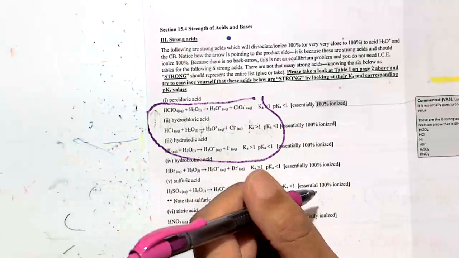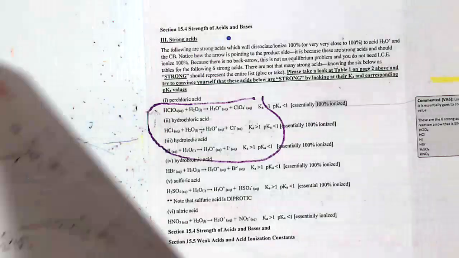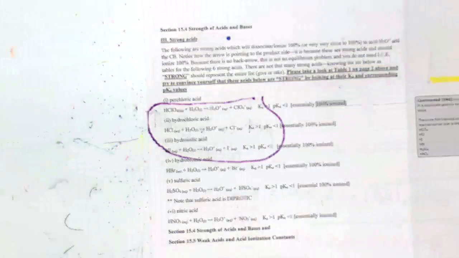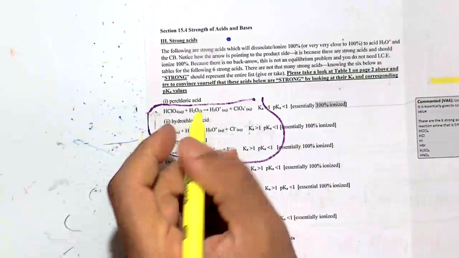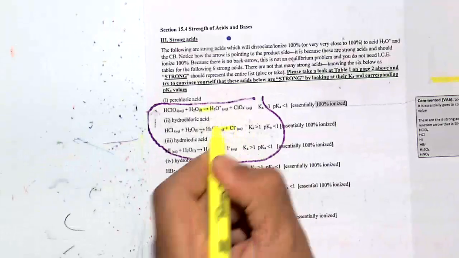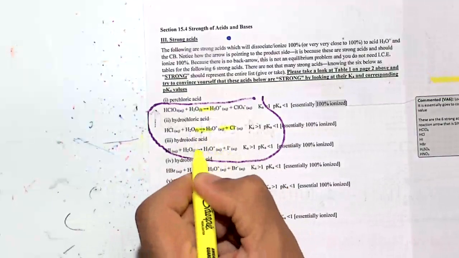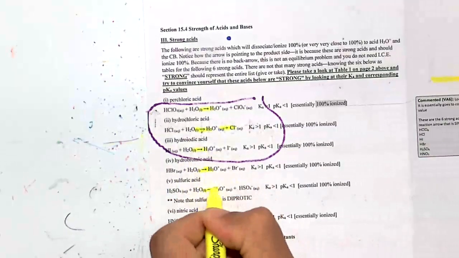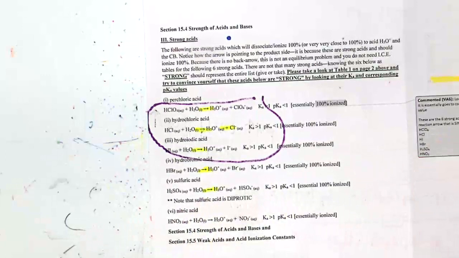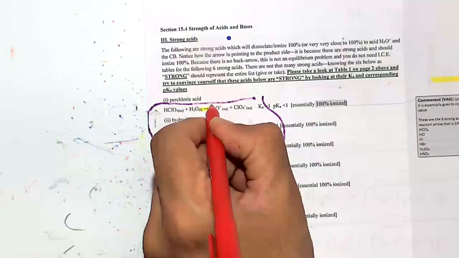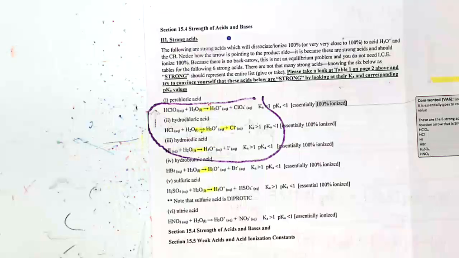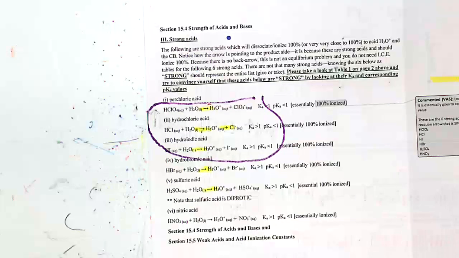All right, we already went over our 6 strong acids on page 10 of our notes. Just as a reminder, look at the arrows. I just want you to be aware of the arrows. If there's any back reaction, it's very small, and we essentially ignore it. So the arrows are in one direction.